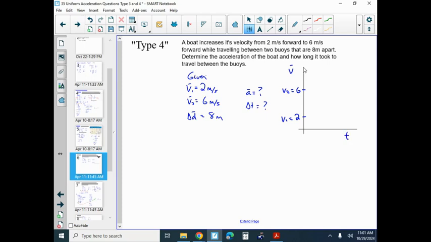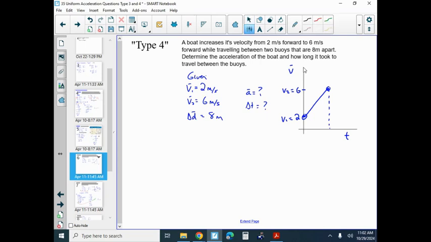We don't know how long it took, but we do know we started at this velocity and we ended up at this velocity after a certain amount of time. And we know that we accelerated at a uniform rate because that's what we're doing in this class, right? All about uniform acceleration. So that's what I have labeled on there so far.